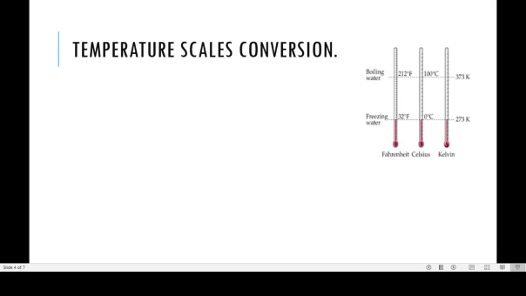Then for boiling point, 212 degrees Fahrenheit is equivalent to 100 degrees Celsius on the Celsius scale, and that equals 373 Kelvin on the Kelvin scale. Alright, so these are the scales of temperature. Then what we need to understand next is how we can move from one scale to another, how we can convert one scale to another. That is another point of discussion, and there are formulas.